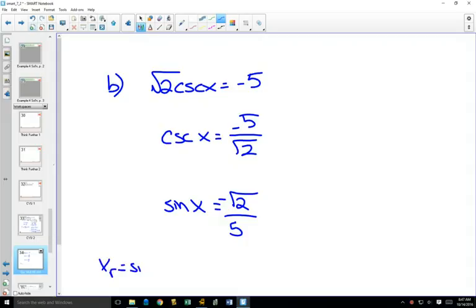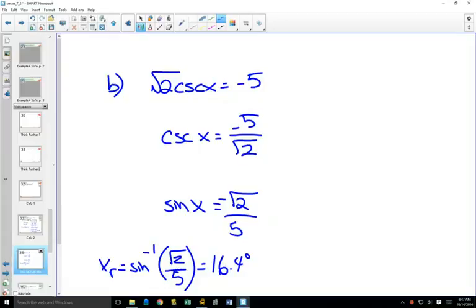And a reference angle is always with the positive values. So go to our calculator, change our mode back to degrees because this question's in degrees. And we have 16.4 degrees.